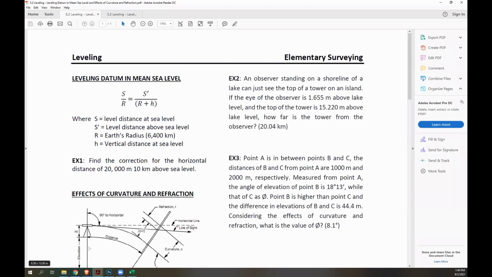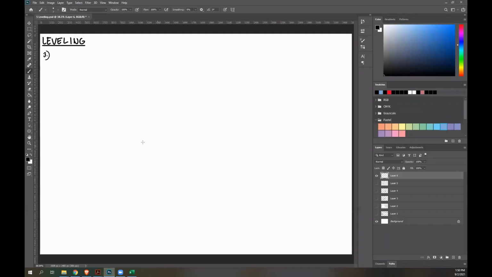So since we have to consider the effects of curvature and refraction, this isn't a simple trigo problem. It's not just that we have point C, A, and then B is here, and then we just solve for phi. No, there's curvature. So let's draw that as well.